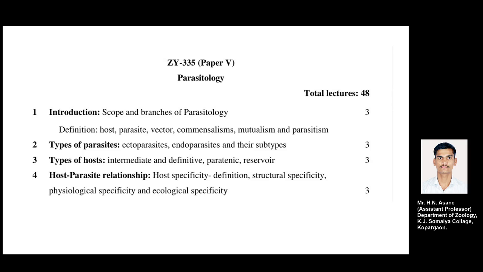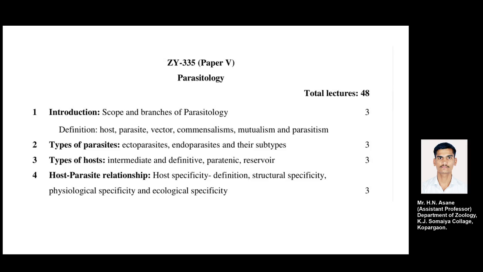And the endoparasites are the parasites which live in the body, in the systems and body organs. So these are the two main types we are going to see, and endoparasites like Entamoeba histolytica or Trypanosoma, likewise.